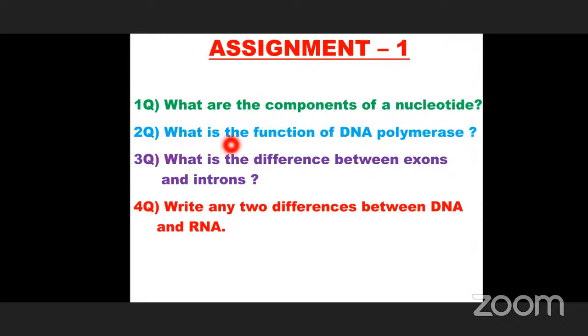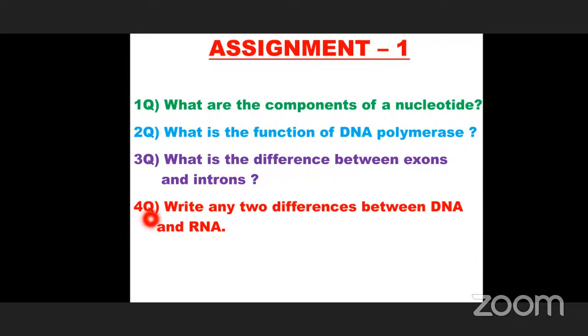The second question is, what is the function of DNA polymerase? In today's class, we discussed the role of DNA polymerase in the DNA replication process. The third question is, what are the differences between exons and introns?